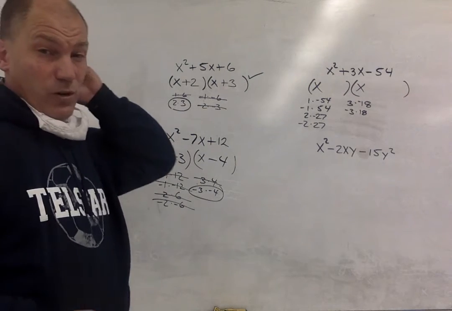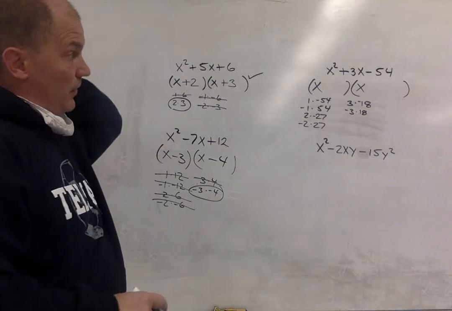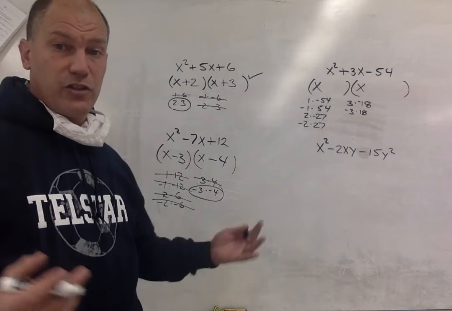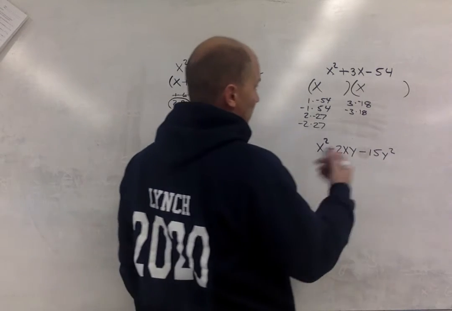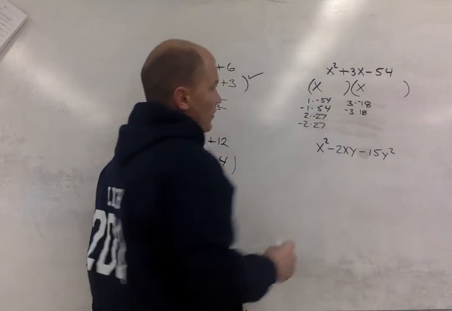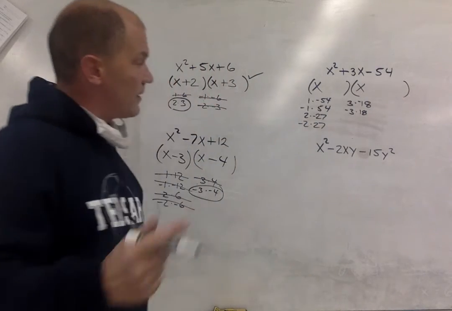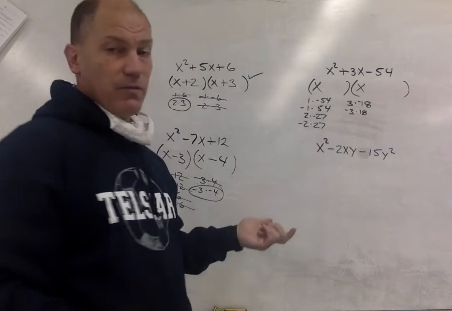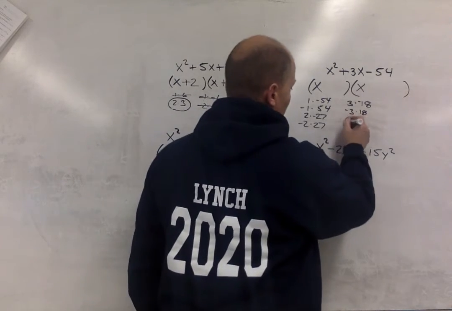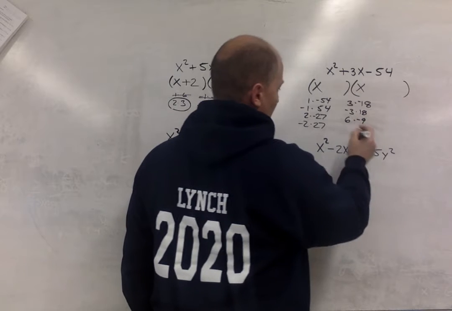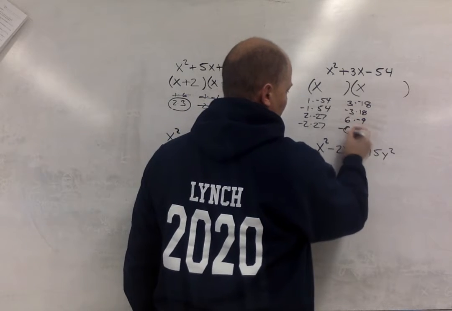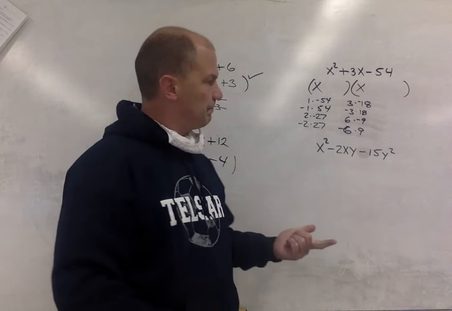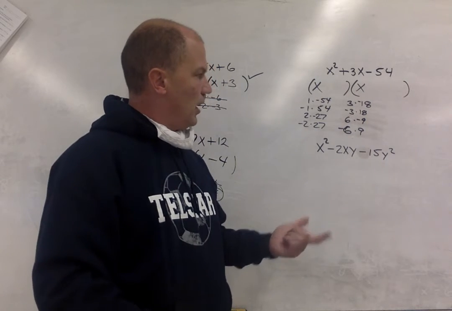And then we think about 4. 4 doesn't go into 54. 5 doesn't go in there because it's not a 5 or 0. 6 can go in there because I know 2 and 3 are factors of 54, therefore 6 is too. So we're going to do 6 times -9, and then we can do -6 times 9. And then we can look at 7 and 8. Nope, nope.